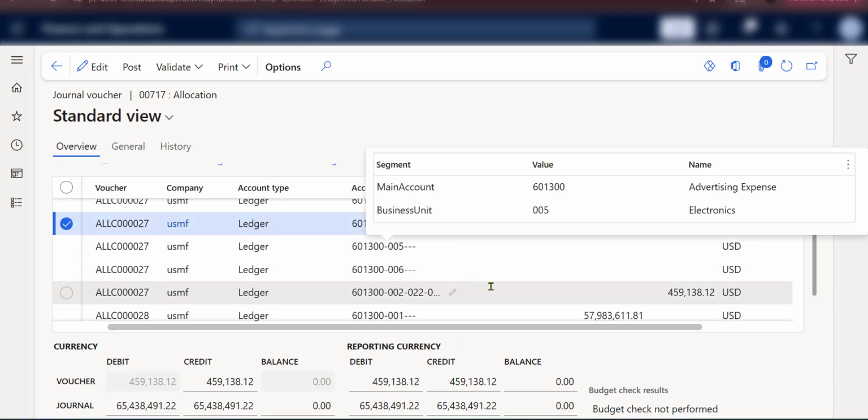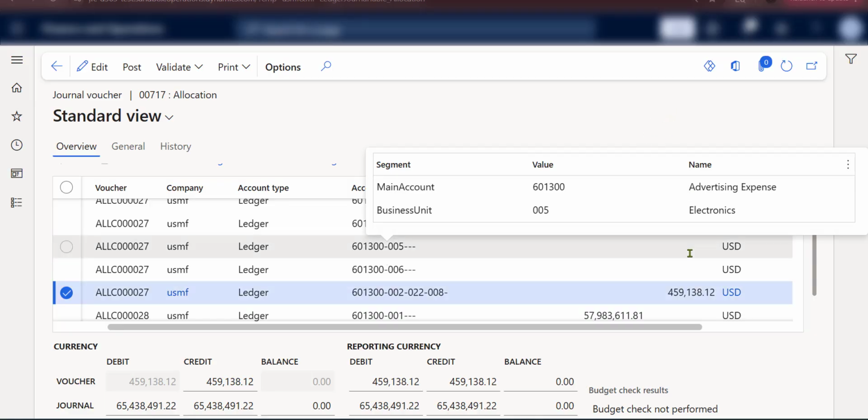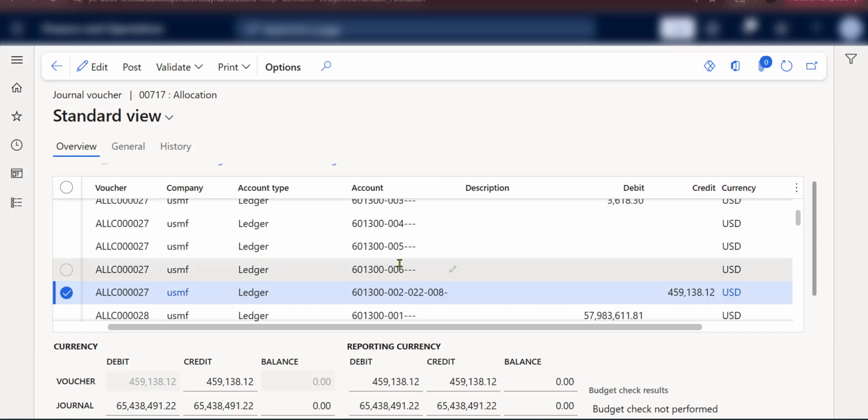And if I move down below, you see for this voucher, the last line is going to be this total lump sum cost line, and that's your total advertising expense together with other financial dimension combinations. And you're seeing now this amount is on the credit side. So basically, that's your total source lump sum to be allocated across branches.